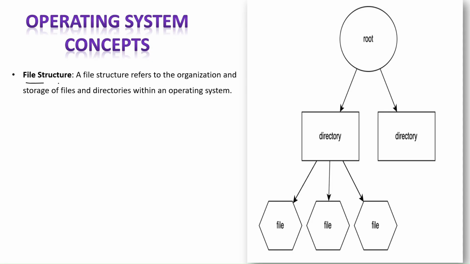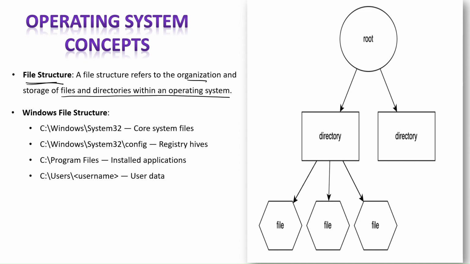Now coming over to file structures of these operating systems. A file structure refers to the organization and storage of files and directories within an operating system. For example, in the Windows file structure, the core system files are stored in C:\Windows\System32. Then C:\Windows\System32\config has the registry hive; registry files are stored over here.